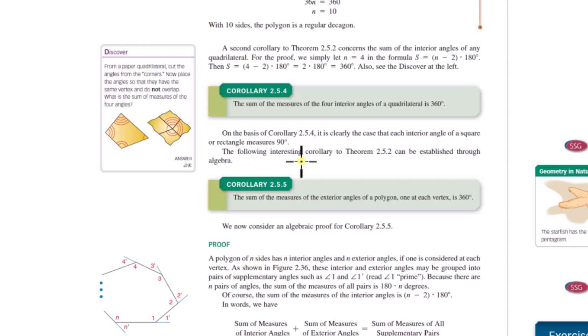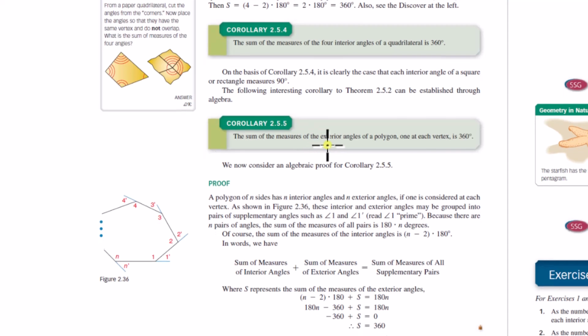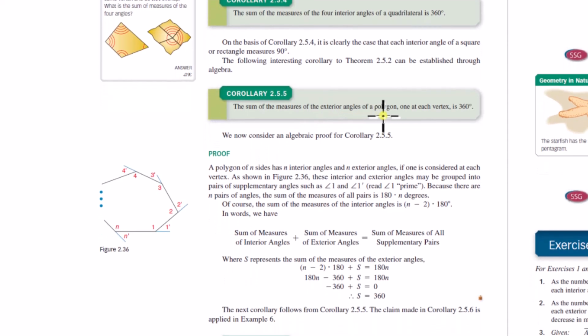The following interesting corollary to the sum of the interior angles of a polygon theorem can be established through algebra. The sum of the measures of the exterior angles of a polygon, one at each vertex, is 360 degrees. Interesting.